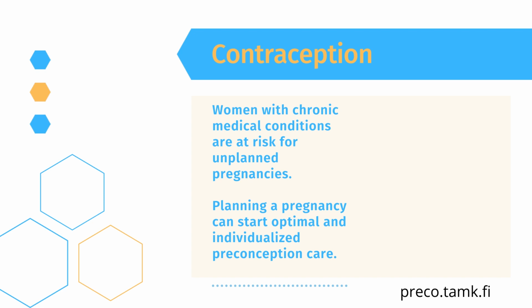So, effective contraception is needed. The choice of contraceptive will depend on the woman and her medical history. Planning a pregnancy opens the possibility to start optimal and customized preconception care, which aims to stabilize the pre-existing medical condition before pregnancy.